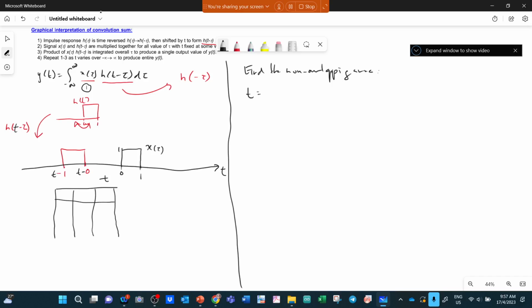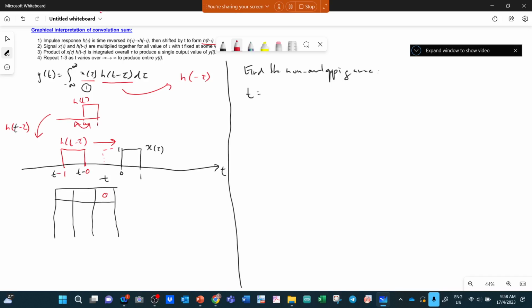If you move this HT minus tau to the right, you imagine yourself lah kan, you shift until which point that is still not overlapping. At this point, kan, is still not overlapping. So at this point you have T equal to 0.